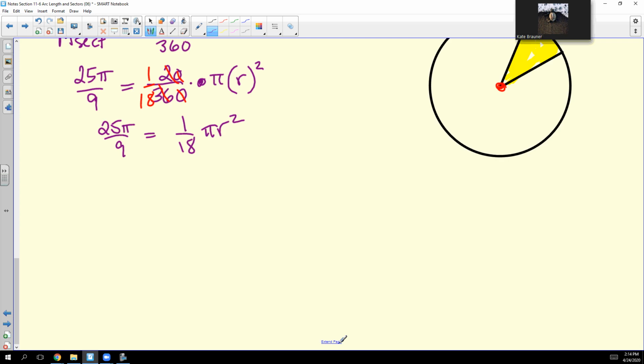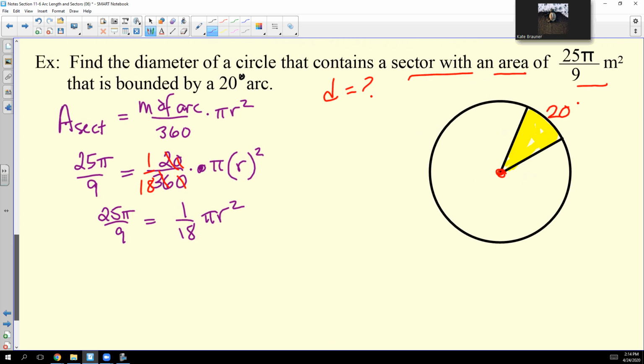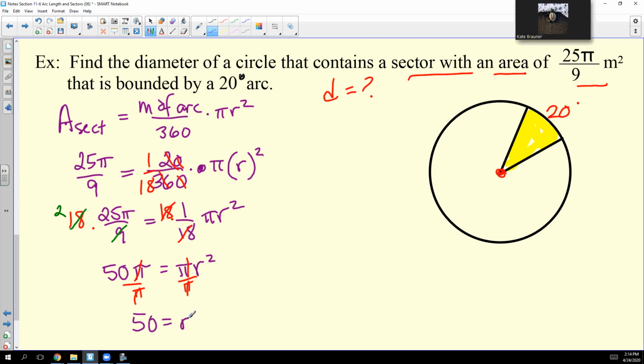Now we want to get rid of that 1/18, so you can multiply both sides by 18 to cancel, right? And then you can also cancel this 9 with this 18 and get a 2, which means we'd get 50 pi equals pi r squared. Let's go ahead and divide both sides by pi, make our work a little bit lighter. And then we have 50 equals r squared.